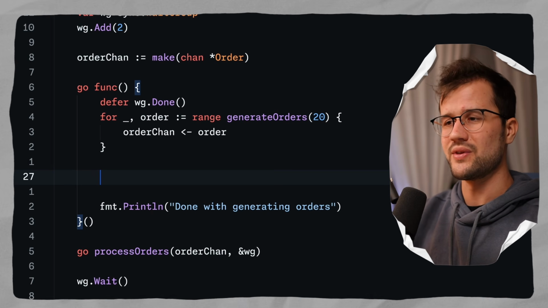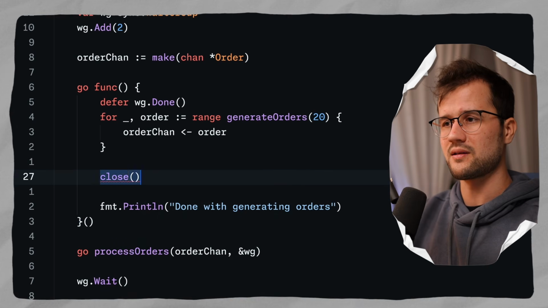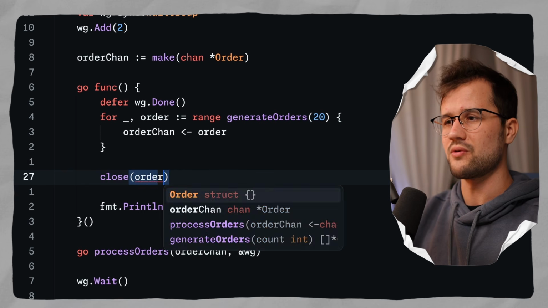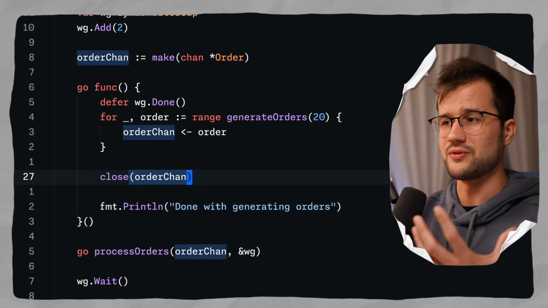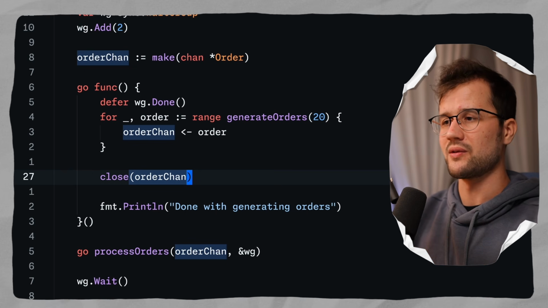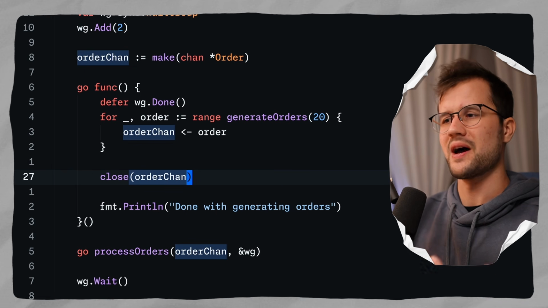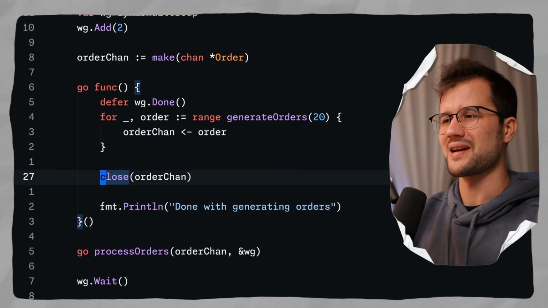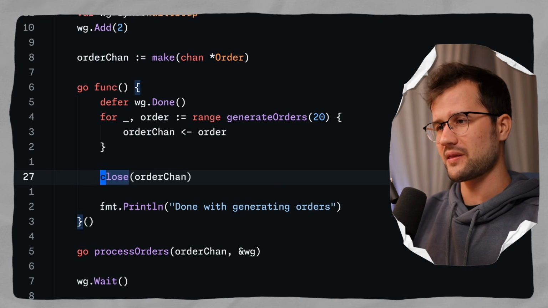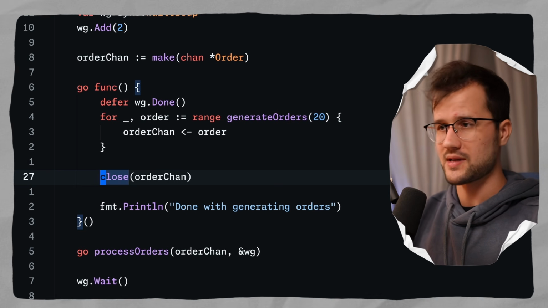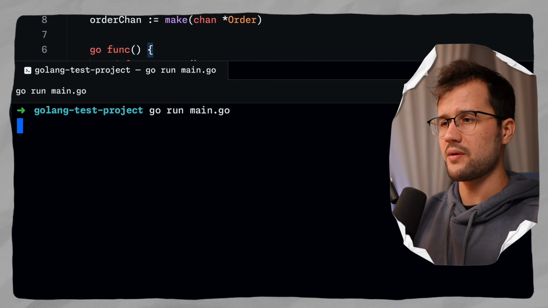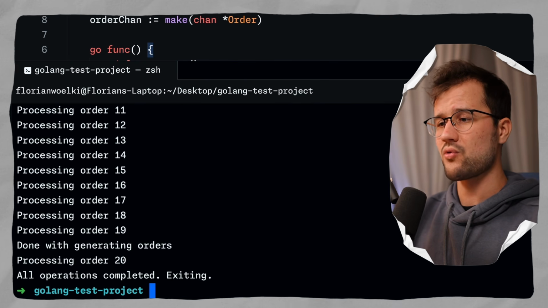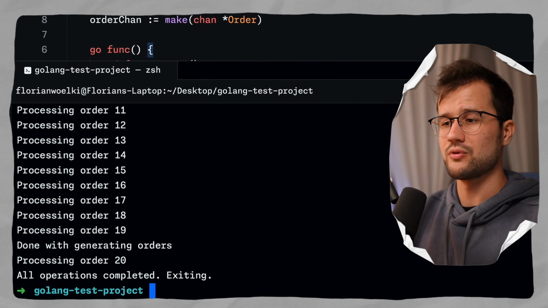In this case, we do this in this Goroutine by just saying close, order chan. This says that no more values come into the channel, and the receivers should calm down and terminate their receiving logic. This can also be used in a defer statement. Let's run the program again. And now we do not get any deadlock anymore, which is pretty cool.